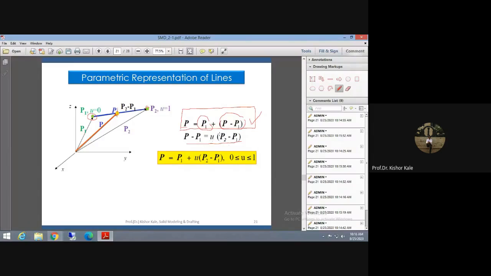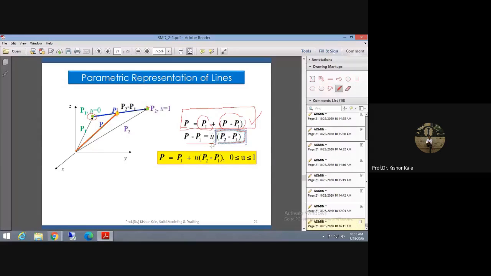I am only explaining this part now. P2 minus P1 is the length of a line, correct? So P2 minus P1 is the total line. Now it is equal to U times P2 minus P1.